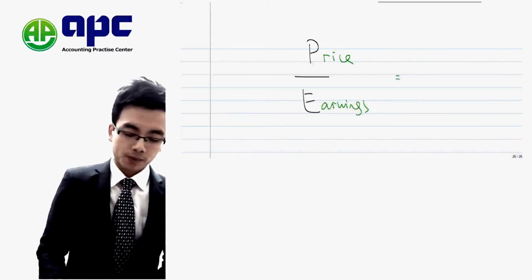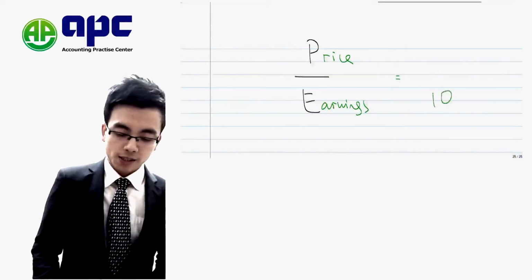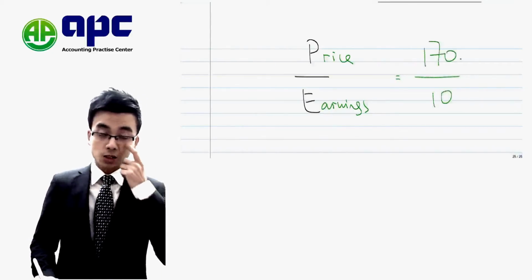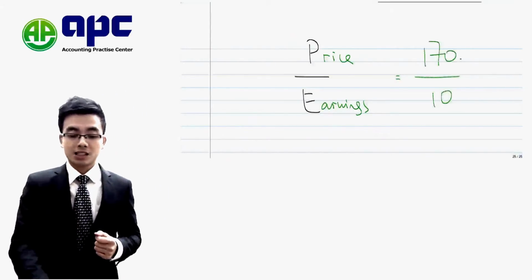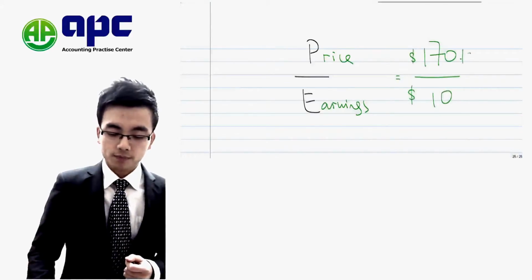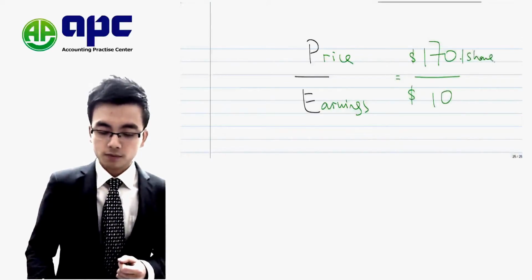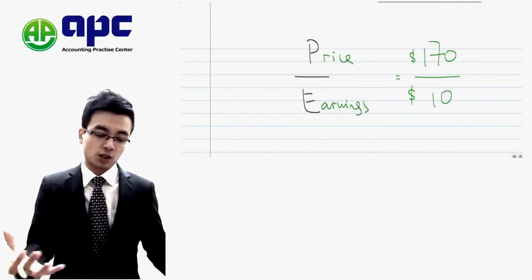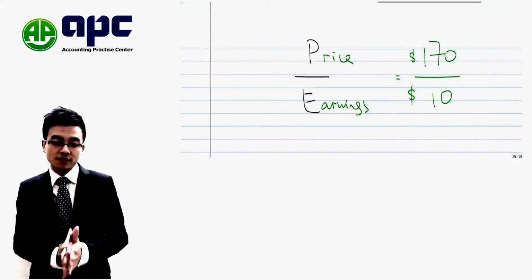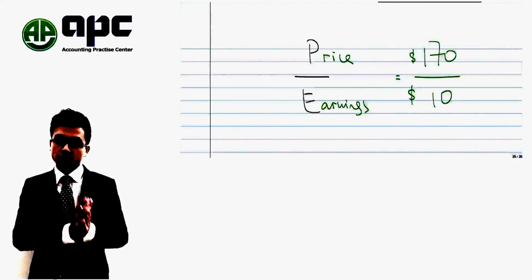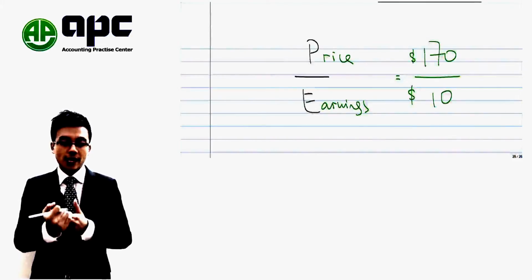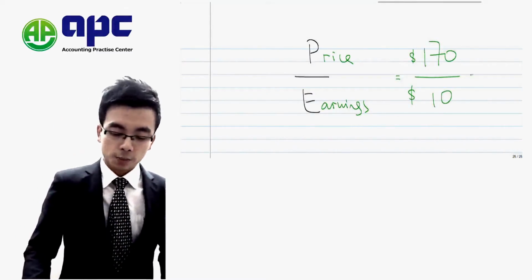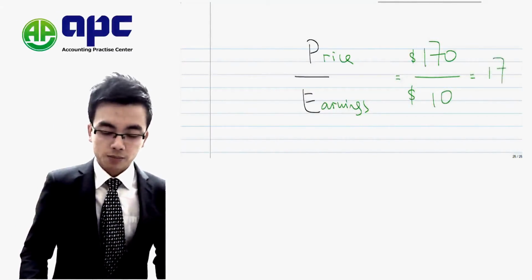So for example, if the earnings of the company is 10, but the price of the company rises to $170 per share, let's make a figure. 170 relates to the total price of the company, the total value of the business, and the 10 relates to the profit after tax of the company. So the PE ratio now becomes 17.